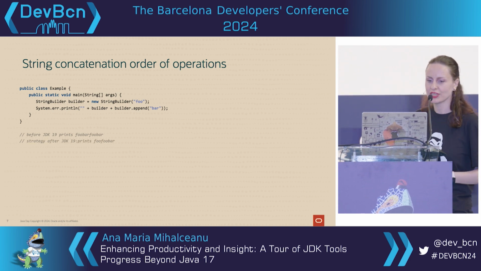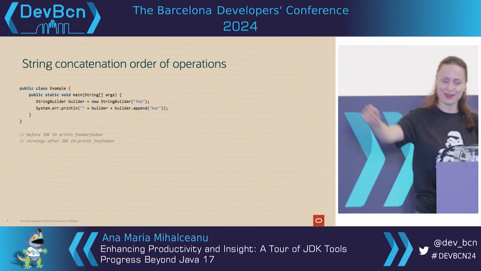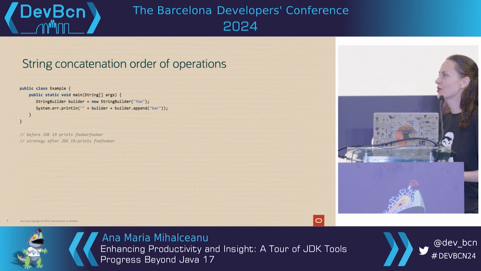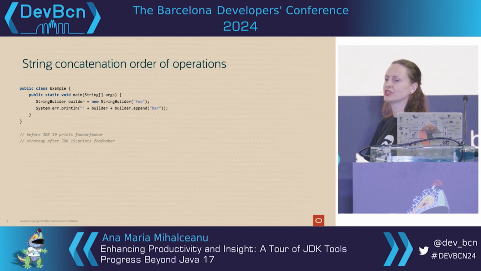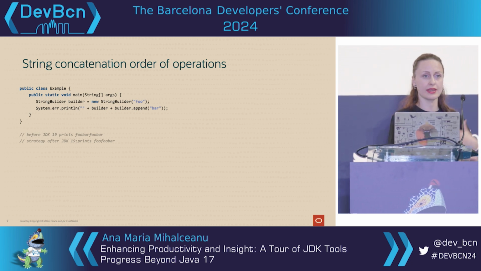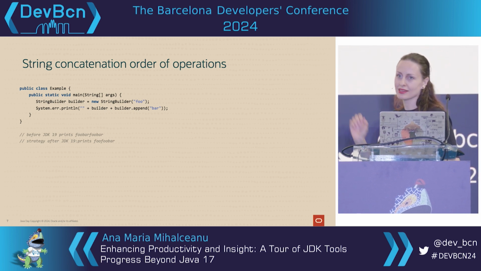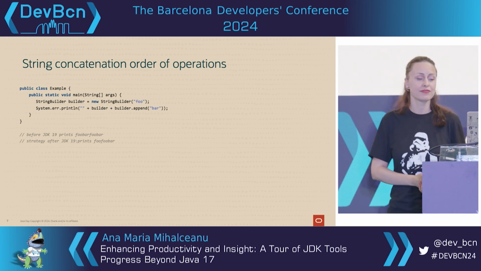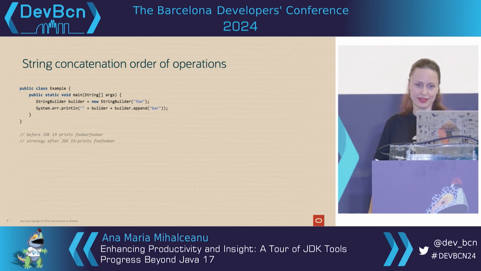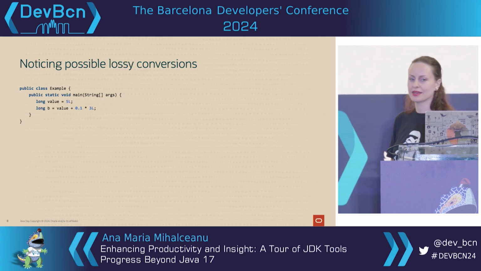So after JDK 17, actually this one prints foo bar, like somebody said here in the first row, because it was a bug with invokedynamic-based string concatenation strategies that was introduced when JEP 280 was done. It was seen a little bit later in time, caught, and fixed after JDK 19. So this is a small catch with the concatenation.